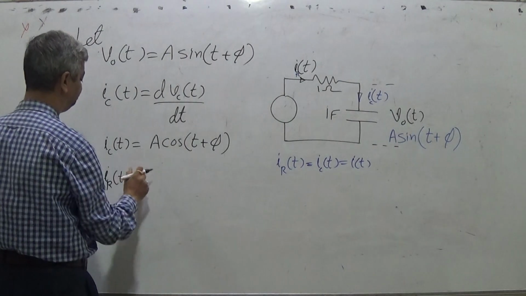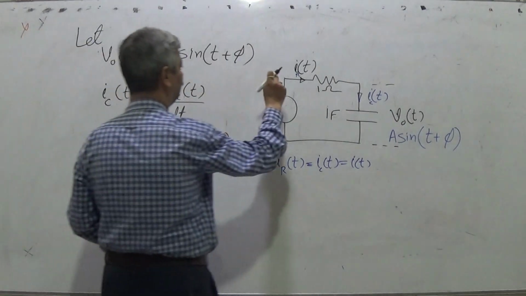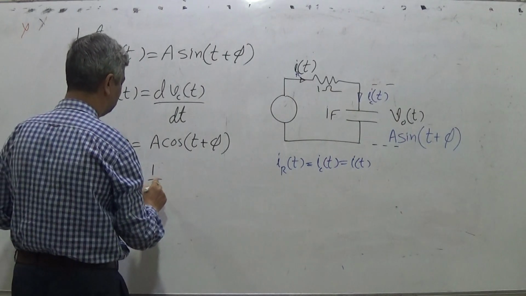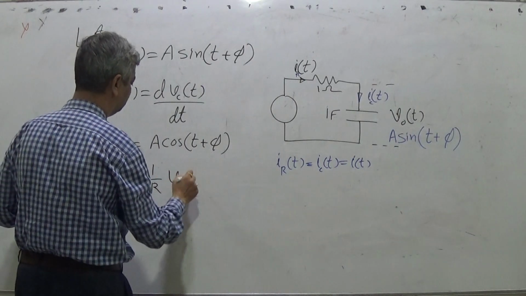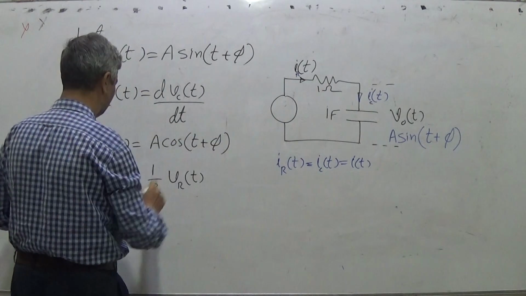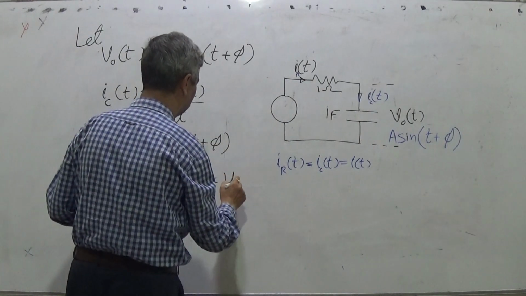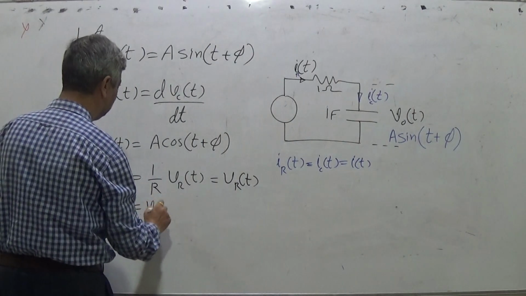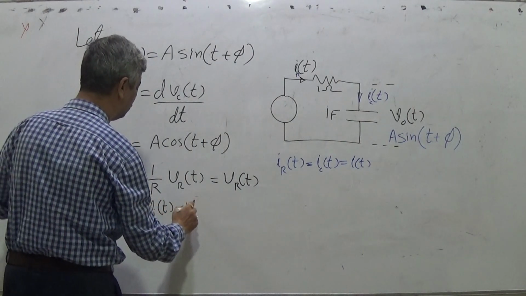The current iR(t) I can write as 1 upon R times VR(t). What is R? R is 1. So that is VR(t). What is VR(t)? VR(t) is Vin(t) minus Vo(t).